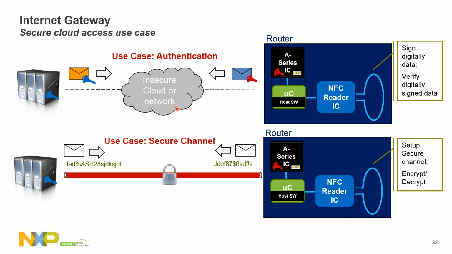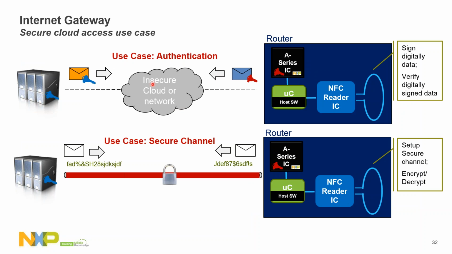Adding an A-series product to our device, we have seen that it allows granting access to authorized servers, prevents the exposure of private data, protects the network credentials, and also secures the communication between the backend and the device. In this slide, we can observe two typical use cases of communication against the cloud.